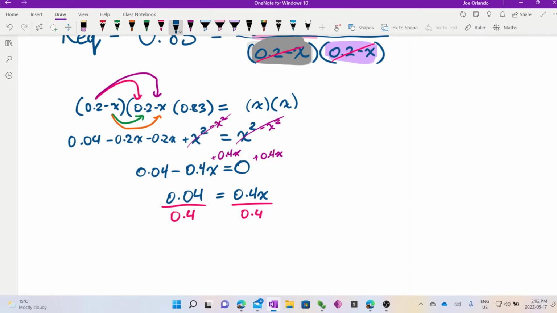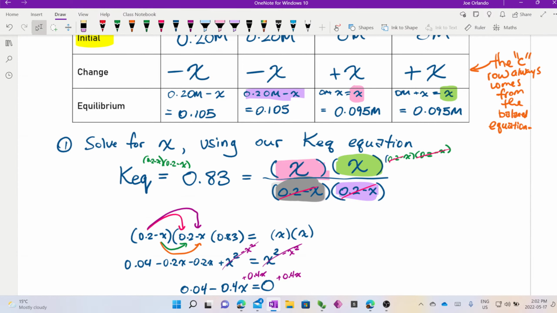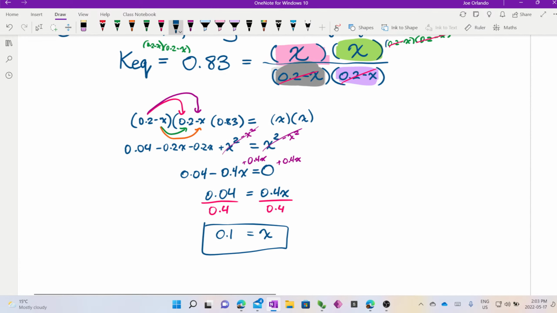And when I do that, what do I get? x is equal to 0.1. So actually, my math gets even easier because these will be 0.10 molar, 0.10 molar, 0.10 molar, and 0.10 molar. They all end up being the same.